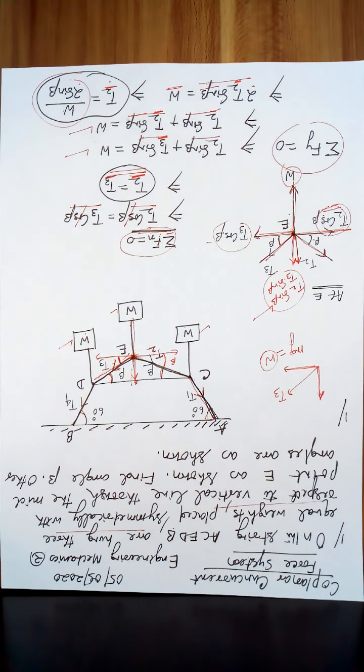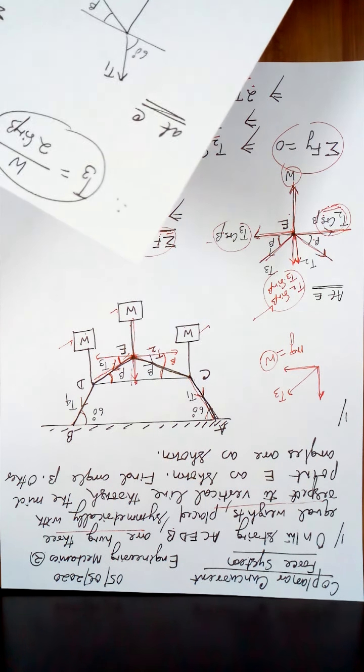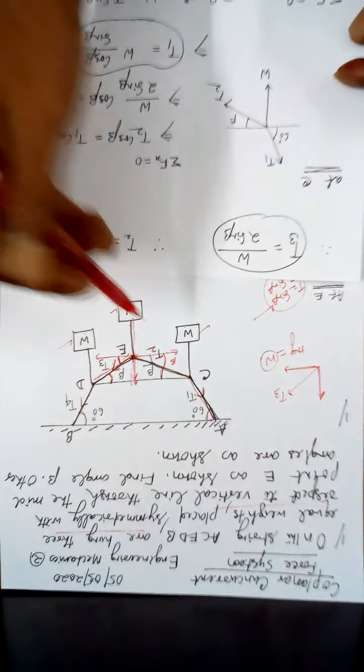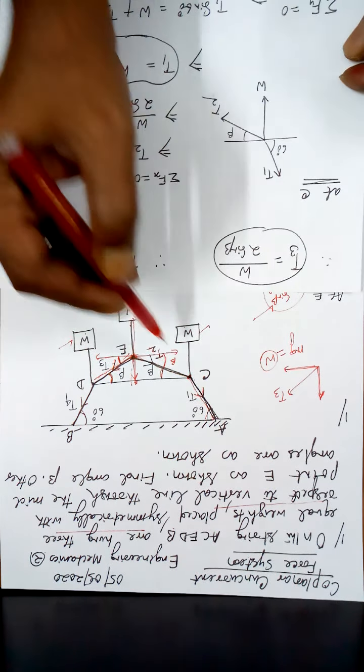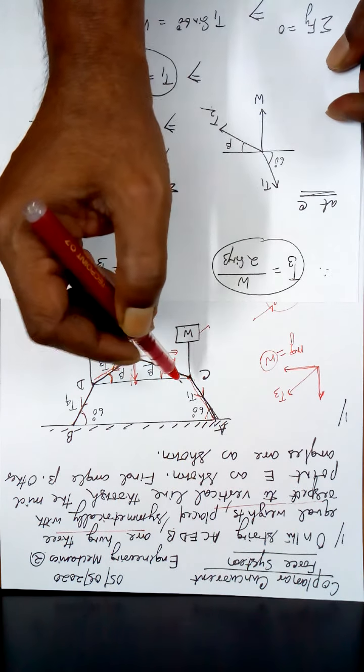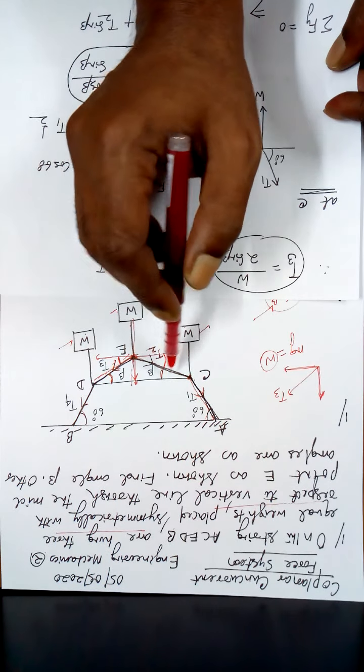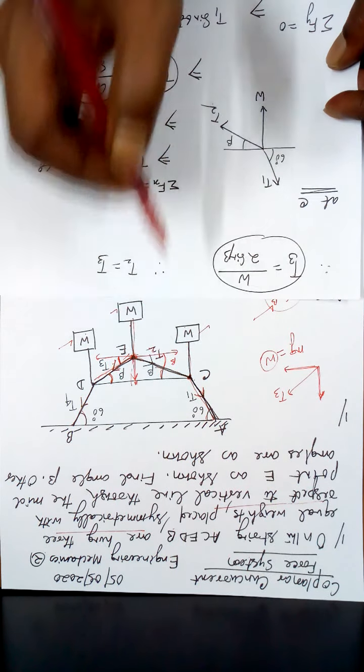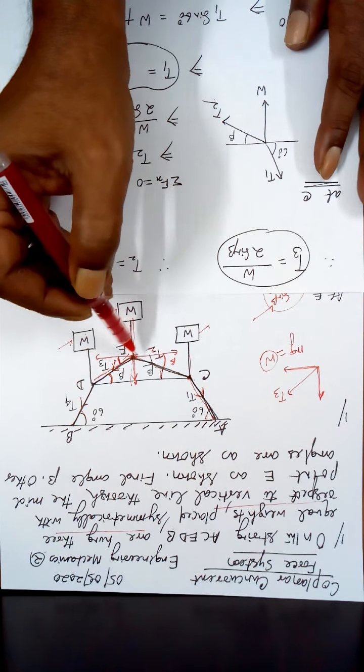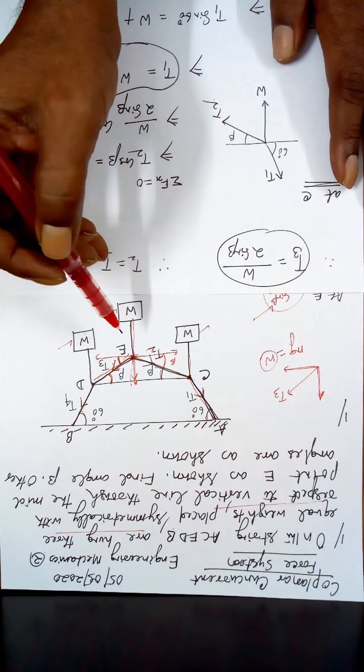Now look at the point C. Now look at this point. At this point there are three forces, one this way, one this way, the other this way. Now you might ask, actually tension is a both way force.